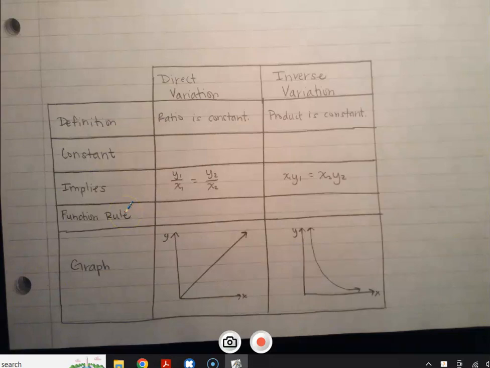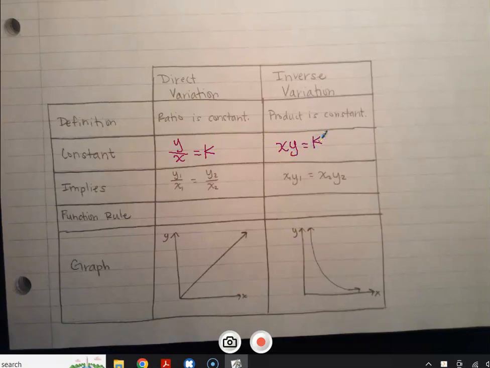All right, so in order to find the constant k for the direct variation, what do we do? Excellent. We take y divided by x, and that equals k. Remember, that's different than the inverse. What do we do in the inverse? Excellent. We multiply them. So we have x times y equals our k value.